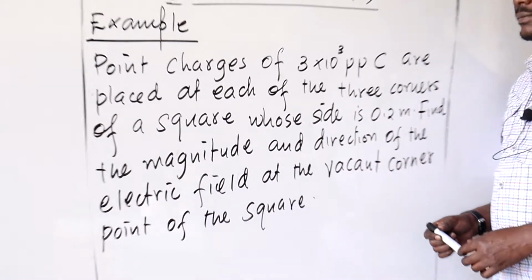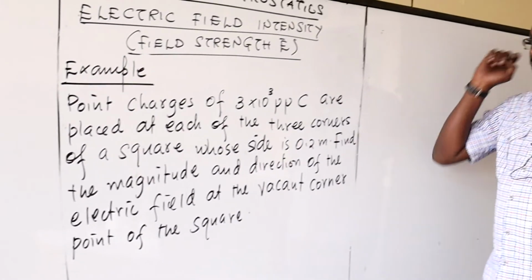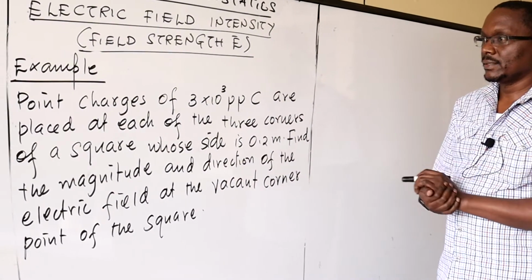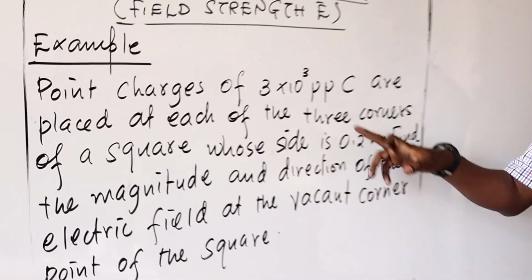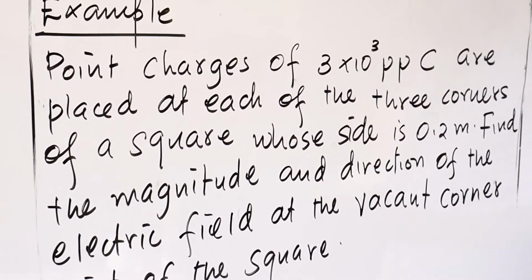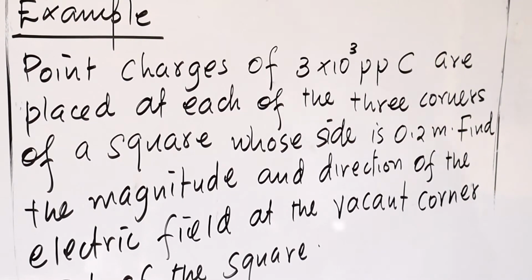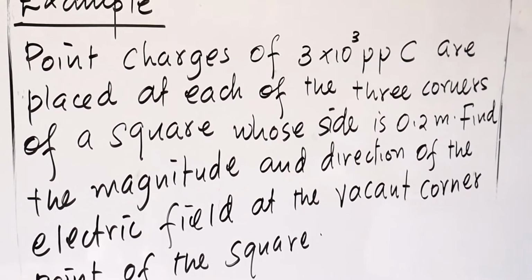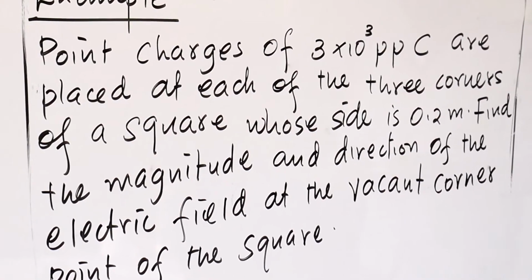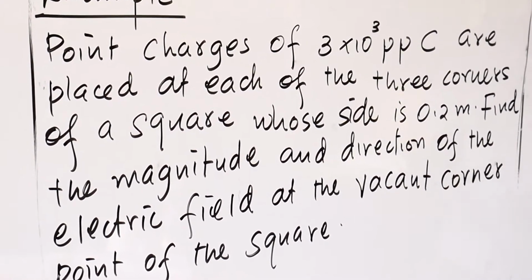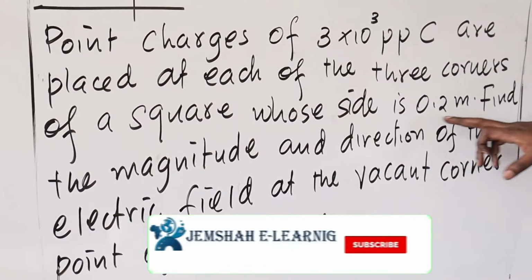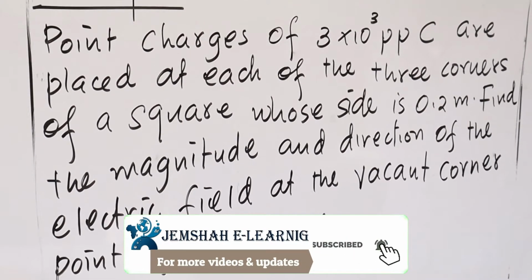So now we have our example here related to electric field strength. We are saying that point charges of 3 times 10 to the power 3 microcoulomb are placed at each of the 3 corners of a square whose side is 0.2 meters.